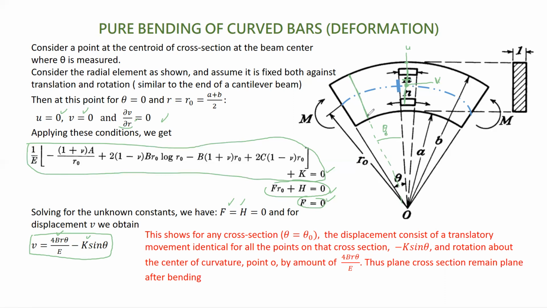If we consider this line AB, what happens after the bending moment is applied and the beam is deformed?